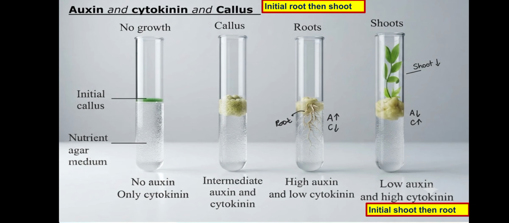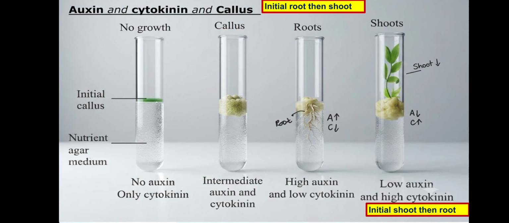When high auxin and low cytokinin is present, initially the root is formed and then the shoot will be formed. And in case low auxin is present and high cytokinin is given, then there is initially shoot development, and afterward in the future there will be root development.